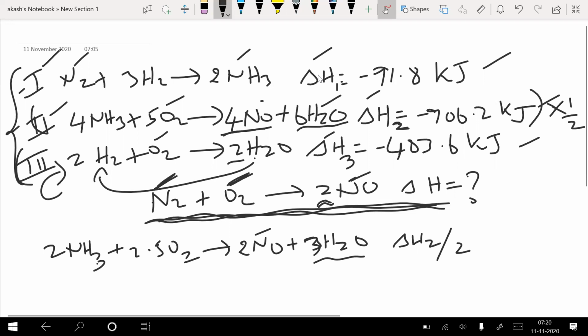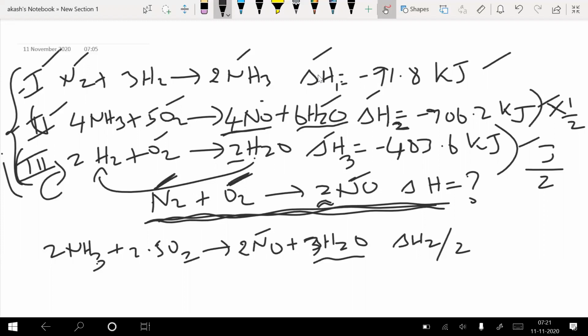If you reverse it, you'll get 2 H2O in the reactant side, but what I want is 3 H2O. So you are not only going to reverse this reaction, you are also going to multiply it by 3 by 2. Yes, makes sense. Yes, sir. Understood, sir.